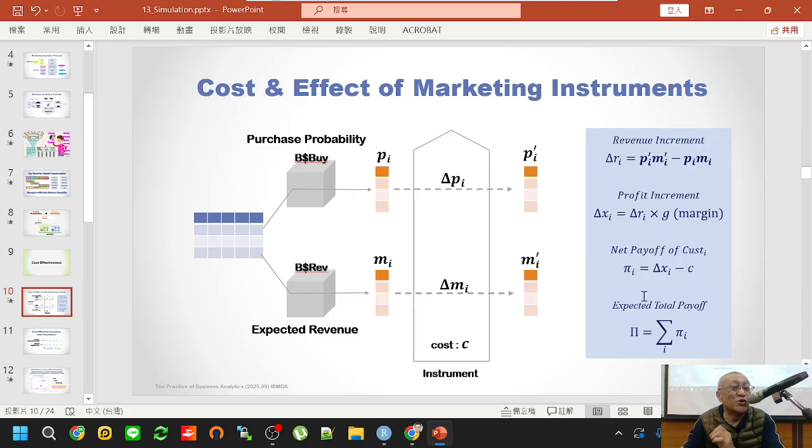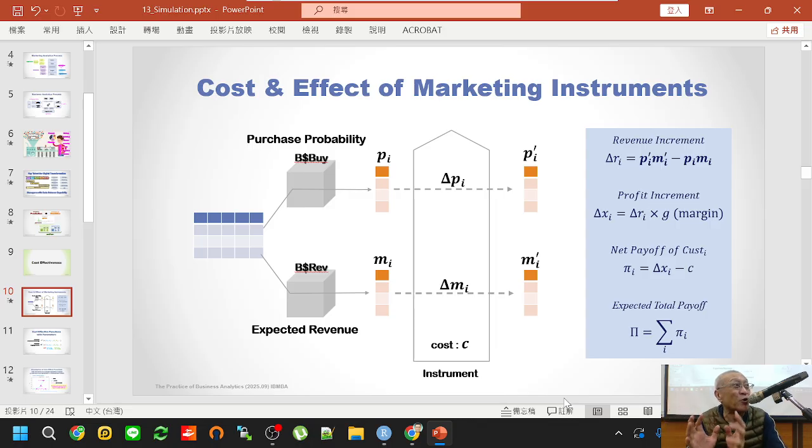So if we apply that to a group of customers, we basically just sum up their expected payoff increments. So capital Pi is actually the net profit, the net payoff when we apply this instrument to a certain group of people, right? This logic, is it clear? Any question about this logic?